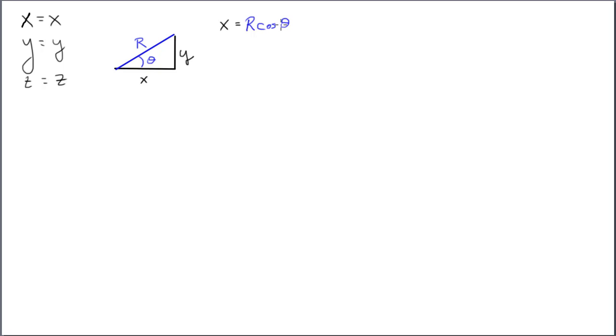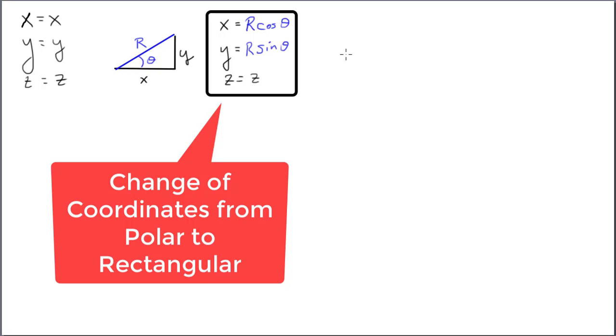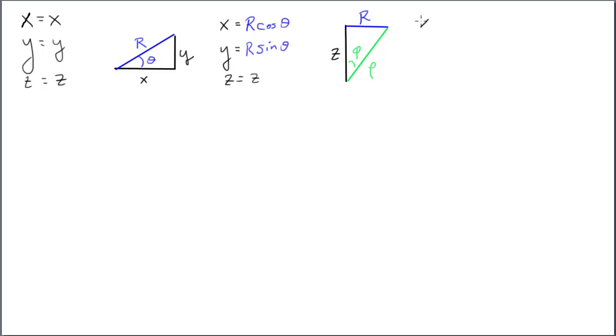So if I gave you the polar coordinates r and theta, I output the rectangular coordinates x and y. This is change of coordinates. R theta in, x, y out. Polar to rectangular change of coordinates. And we always want on the left-hand side x, y, z, because that's our parametric form. Our parametric form is always in Cartesian coordinates.